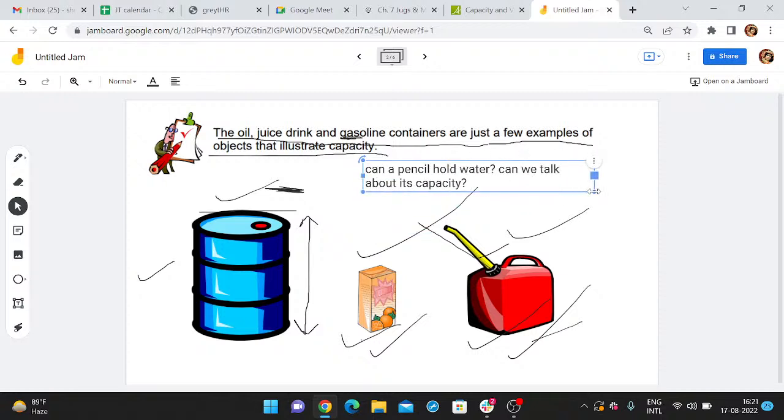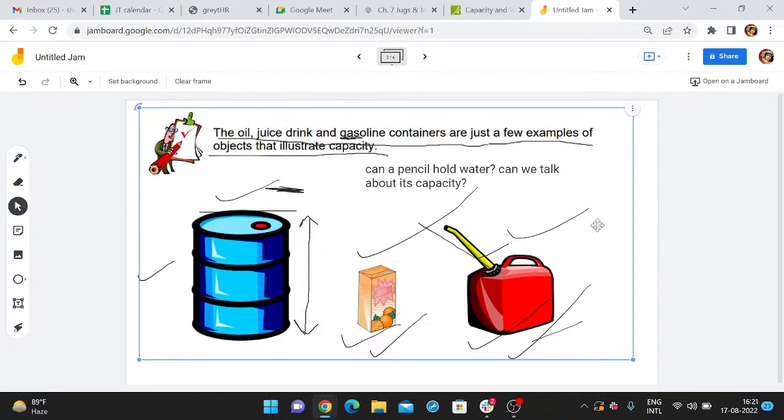Now, this is going to be the homework for you. What you can do is you can try taking a pencil and you can put some water and let's see if we can store water inside it or not. So बच्चों, let us do one activity. Take out your pencils and put few drops of water on it. You can use your water bottle and then you can see if you are able to store water inside it or not, and if you can talk about the capacity and if you can give me its capacity in numbers.